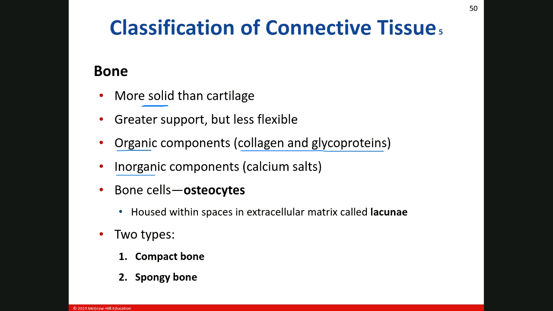You'll hear me refer to it as the hydroxyapatite, bone salts, whatever. But that's the inorganic component, the calcium hydroxyapatite salts. So that's very important that you understand that bone has an organic and an inorganic component, because we're going to spend some time on that in chapter 7.